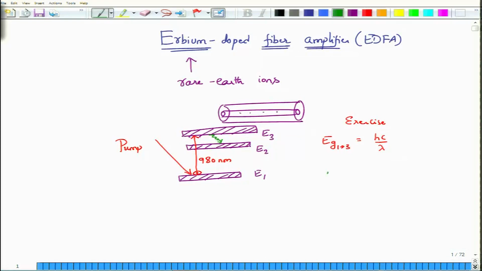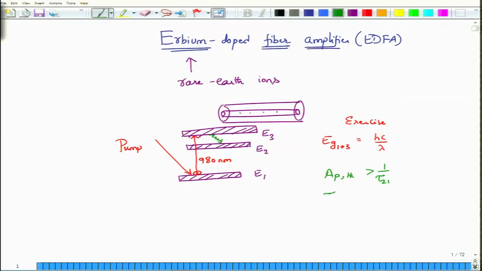In fact, we have seen that the absorption cross section has to be greater than a certain critical or threshold value, which is more or less given by 1 by tau 21, where tau 21 is the lifetime from 2 to 1, assuming that the lifetime from 3 to 2 is very small and 3 to 1 is somewhere in between them.